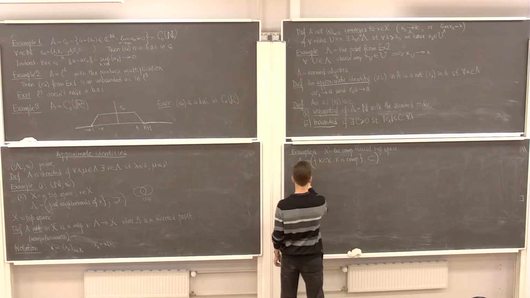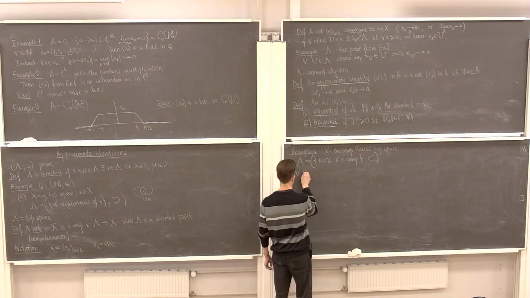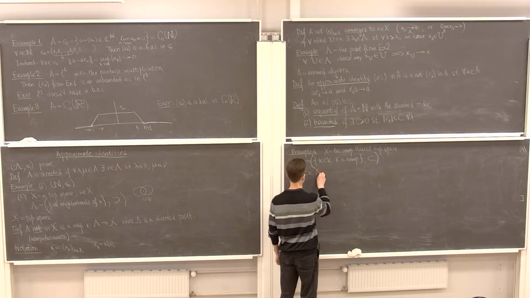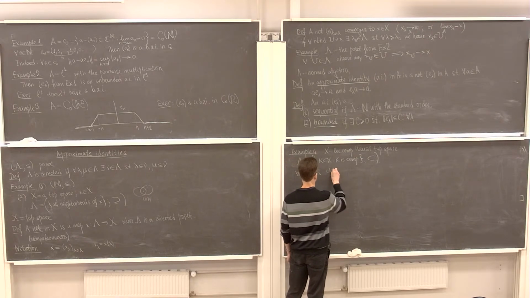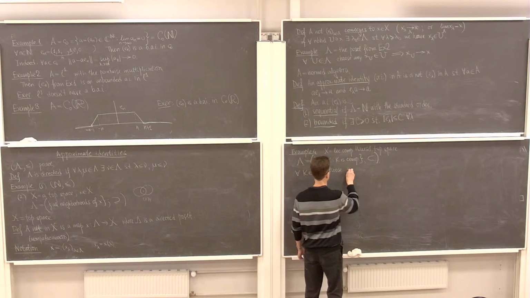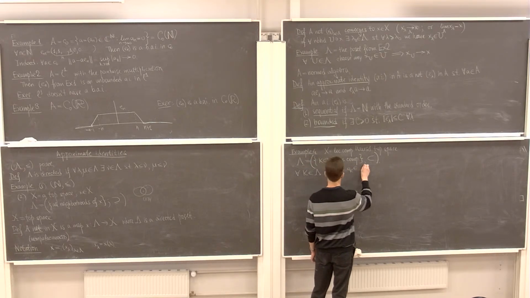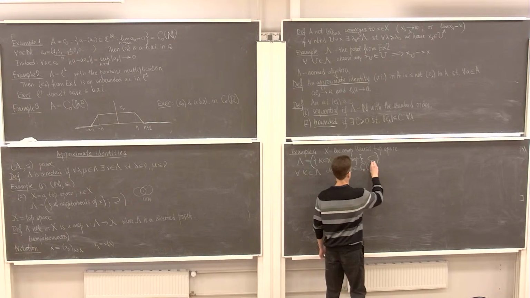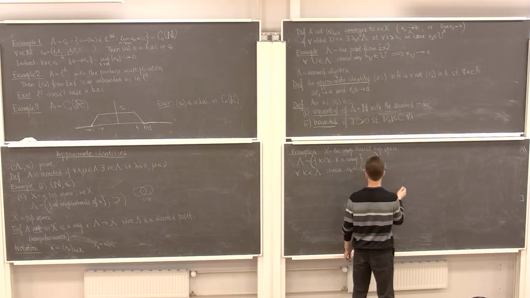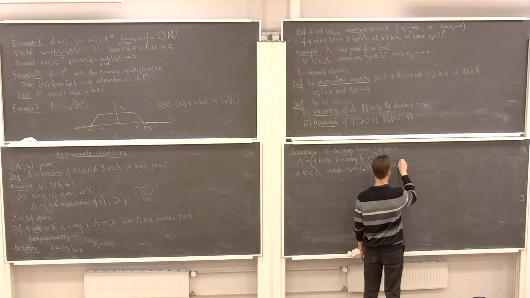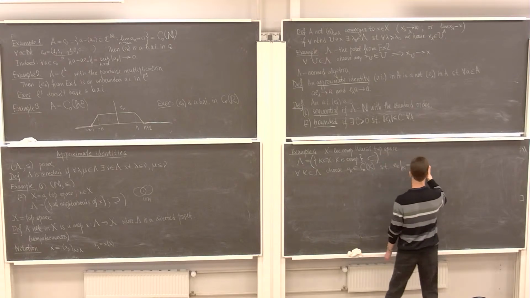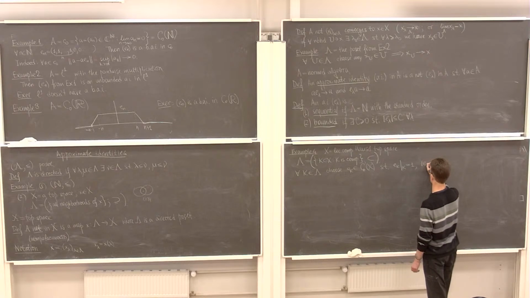Now for any k in lambda, for any compact subset of X, we choose a function ek in C0 of X in such a way that the restriction of this function to k is identically 1, and such that the norm of this function is less than or equal to 1.